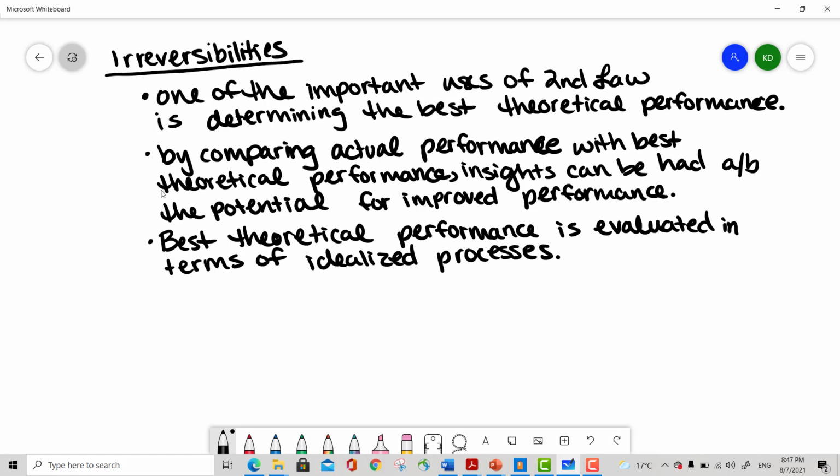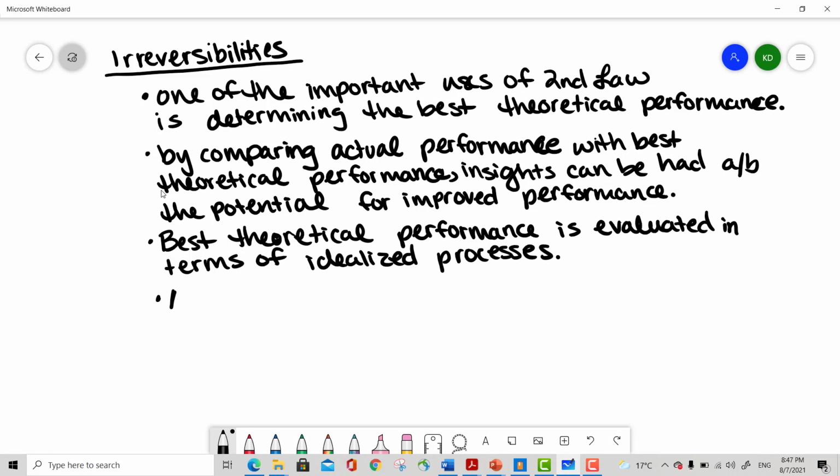Okay, and what does all of this have to do with irreversibilities? Okay, so actual processes are distinguishable from such idealized processes by the presence of non-idealities called irreversibilities.